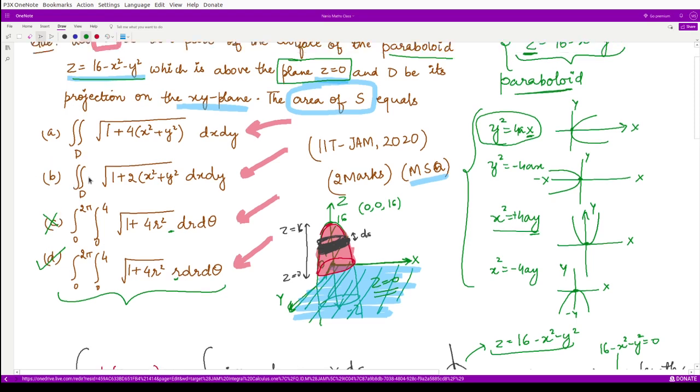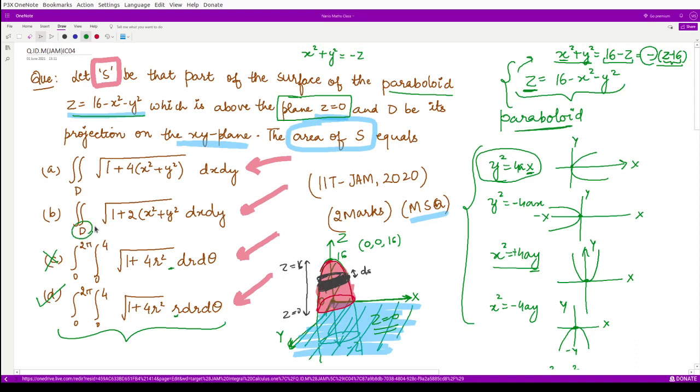Now A and B are defined over D. And what is D? D is the projection of the paraboloid onto the xy plane. So in this case, we are to tell what is true among A and B, right?